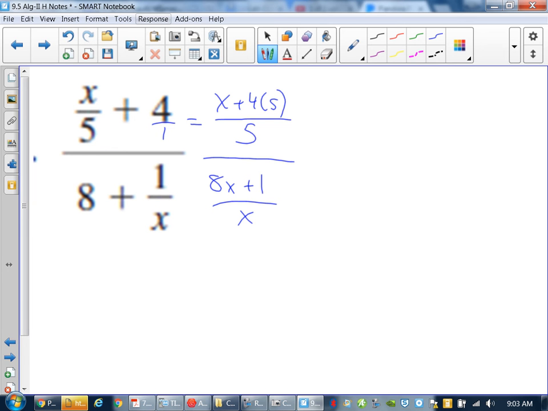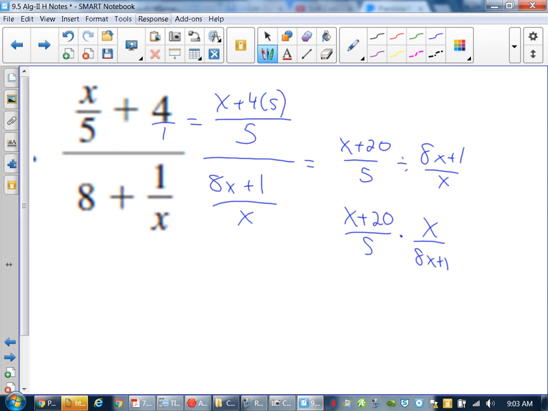Are we okay with that so far? All I'm going to change is I'm going to rewrite this as x plus 20 over 5 divided by 8x plus 1 over x. So I get x plus 20 over 5 times x over 8x plus 1.